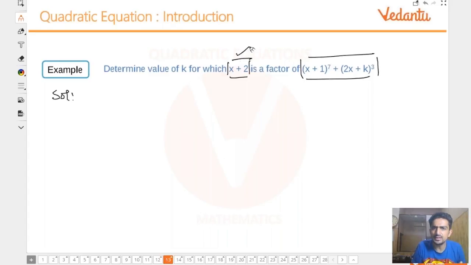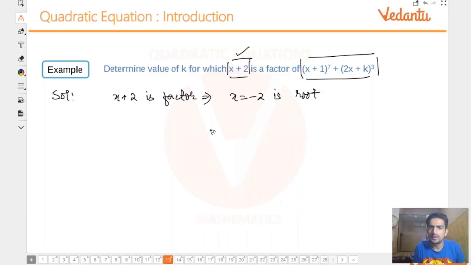If this is a factor, then obviously minus 2 should be a root. Now if minus 2 is a root, then this should be 0 at minus 2. Let me call this p(x). Then p of minus 2 should be 0.